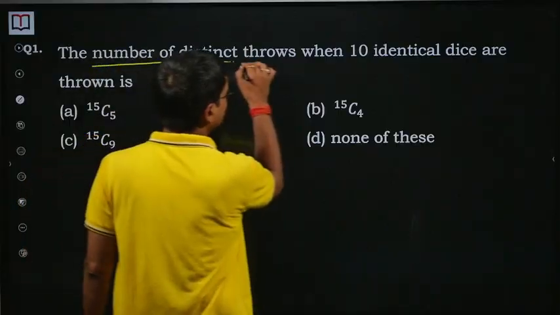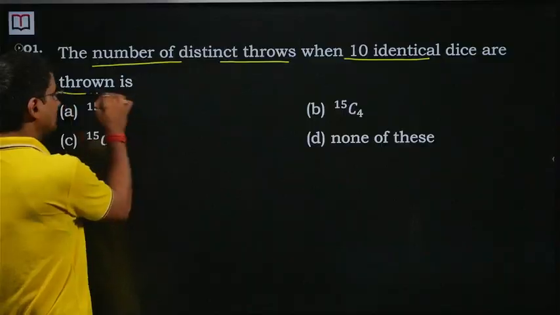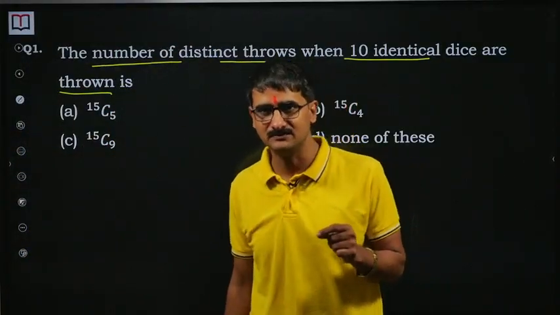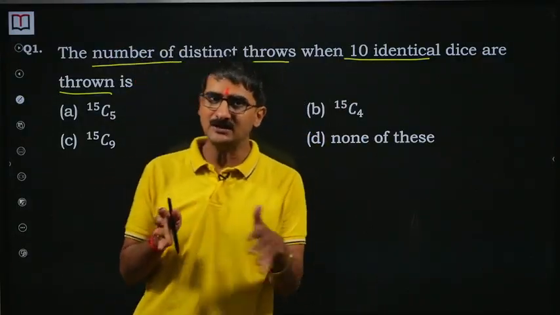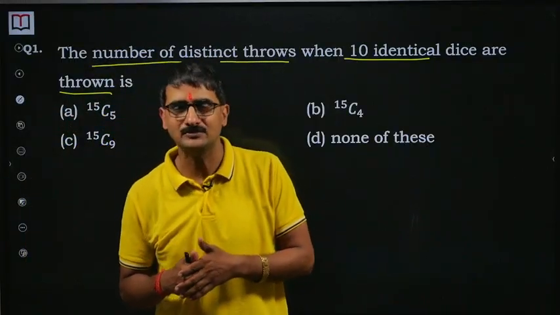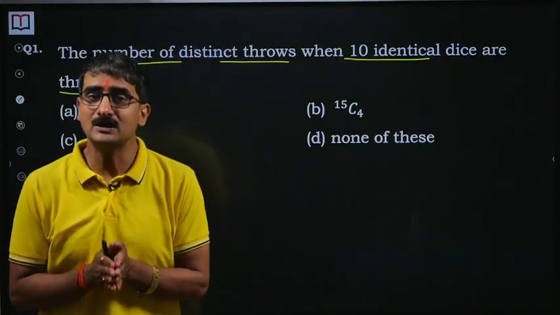The number of distinct throws when 10 identical dice are thrown is. So we know a dice has 6 possible numbers as outcomes. There are 10 identical dice, and every dice can show any number from 1 to 6. So what are the possible outcomes?